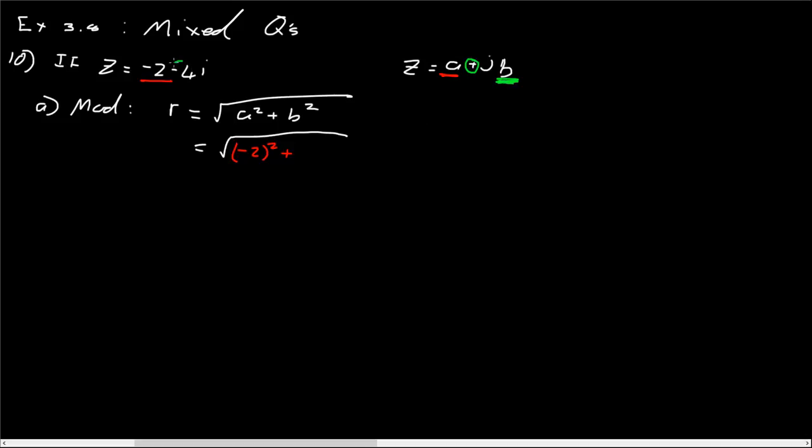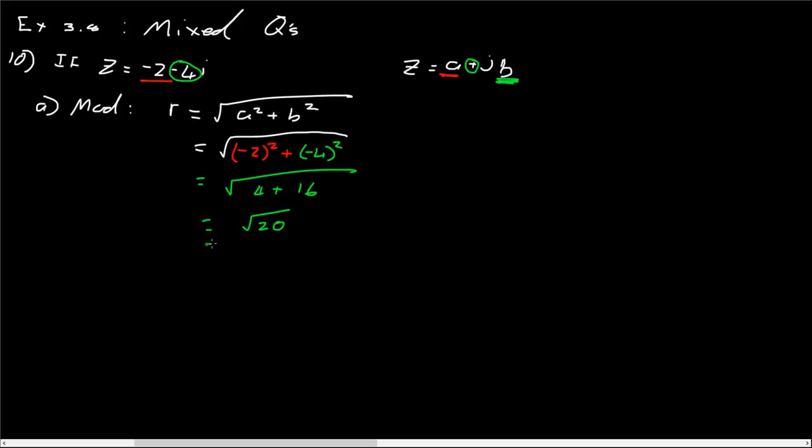Here we've got minus 4. So b is minus 4. So minus 4 squared, that is equal to the square root of 4 plus 16, which is root 20. And that's your final answer.